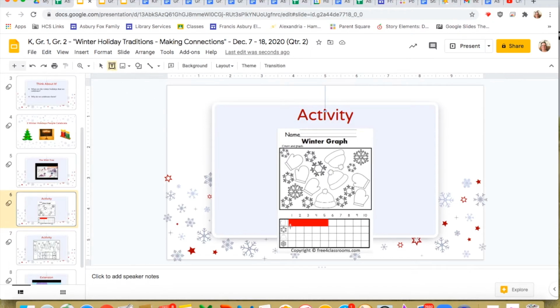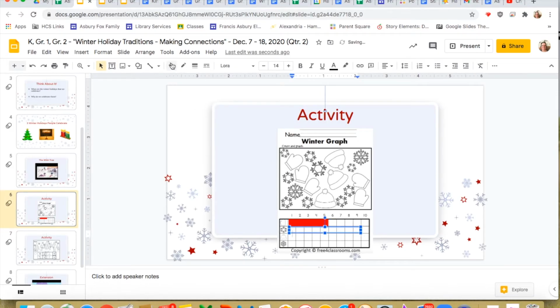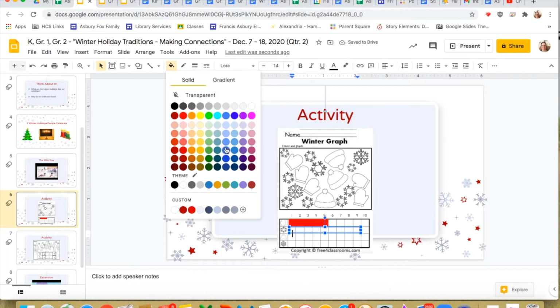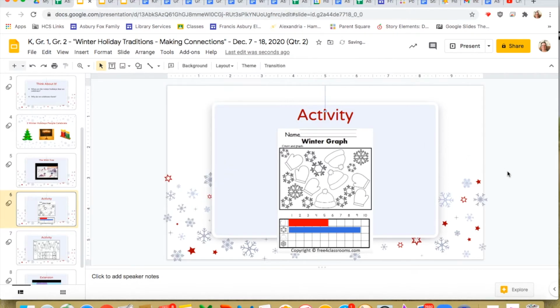So while you guys pick a color and you're coloring that in, Miss T is going to do it so she can fill it in with a color too. Miss T will do it blue. There we go. And again, you can do it whatever color you want. So we did 5 boxes for the mitten and 9 boxes for the snowflake that has a hole in the middle. And you can do it red and blue too, or whatever color you want.